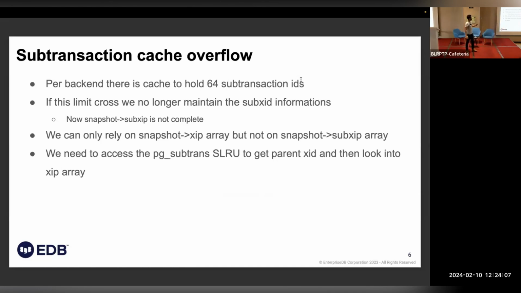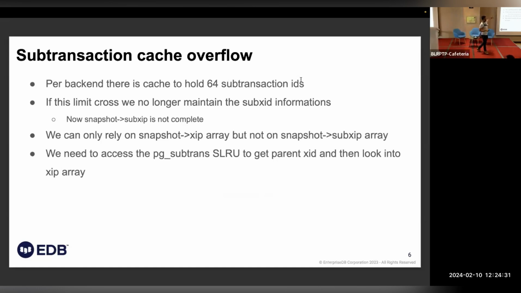So there the SLRU comes into the picture: for each subtransaction ID to parent transaction ID, we maintain a mapping on the disk. In the disk pages, we maintain a subtransaction ID to parent transaction ID mapping. What is the use of this mapping?